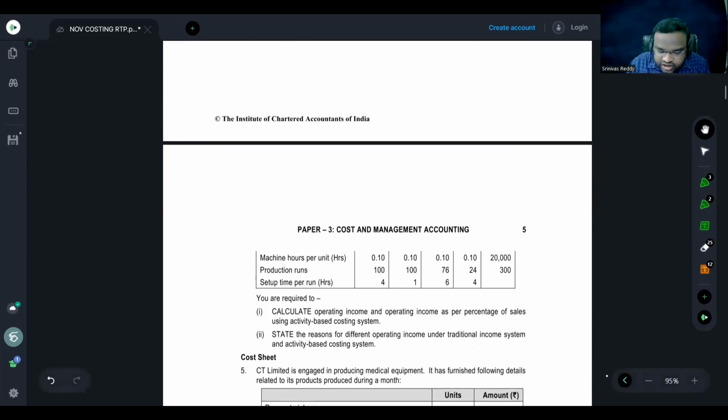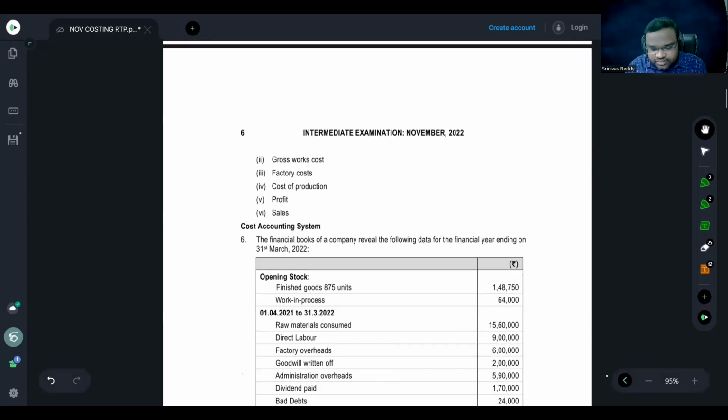If you see, 100 into 4, 400, plus 100 into 4, 400, plus 76 into 6, 456, plus 24 into 4, 96. So 1052 hours. Calculate the operating income and operating income as a percentage of sales using the activity-based costing system. State the reasons for the difference between operating income under the traditional and activity-based costing systems.